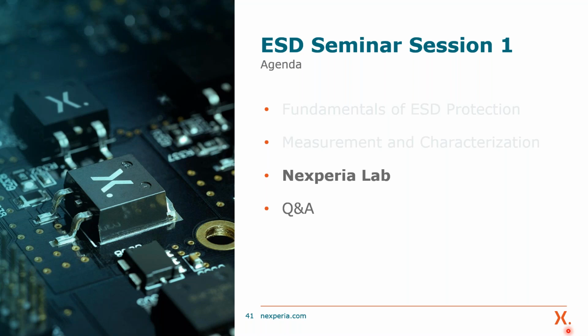As Jan said, this was the theory, and in the next session we will see in practice the different applications and different protocols, with real application examples we will discuss with you, and also comparisons, for example with the dynamic resistance, to see the different protecting behaviors of different ESD solutions.